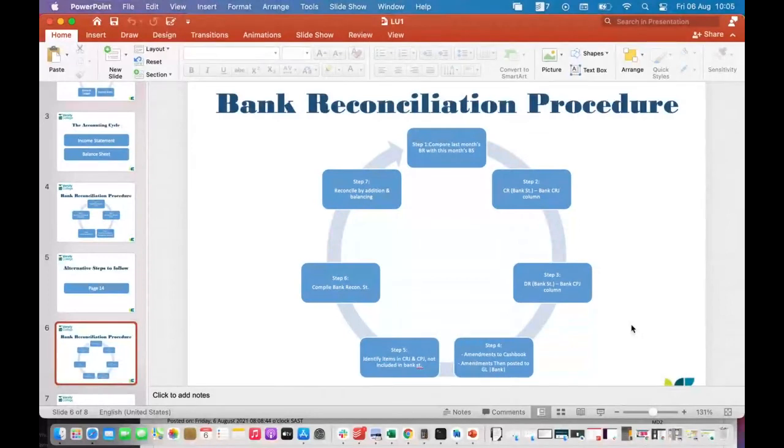So when it comes to bank reconciliation, let me start here actually. As you guys know, we have a bank account in our books. In our books, we're recording all the transactions that affected our bank account. But then we also have a bank account with FNB or with Standard Bank or with ABSA, Discovery Bank, maybe even Investec, who knows?